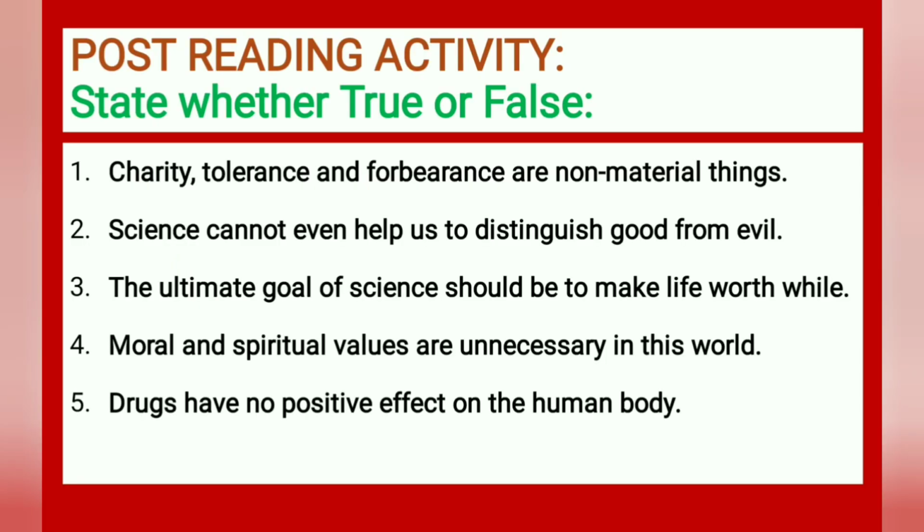Our next activity is state whether true or false. So read these statements and find out which one is true and which one is false. I'm giving you some time for this. The first statement is charity, tolerance, and forbearance are non-material things. Number two, science cannot even help us to distinguish good from evil.